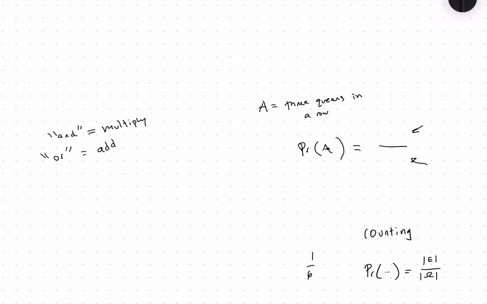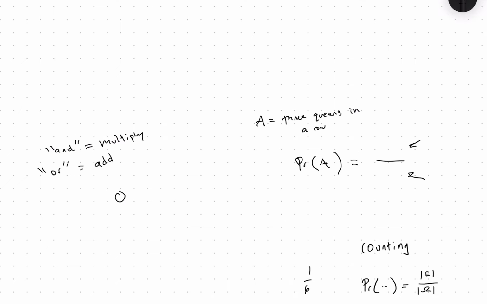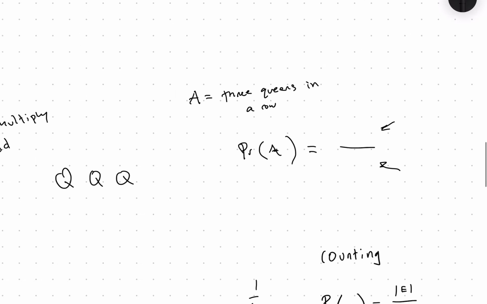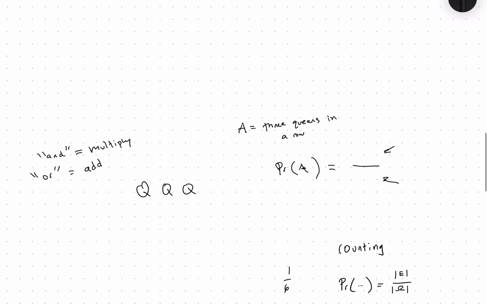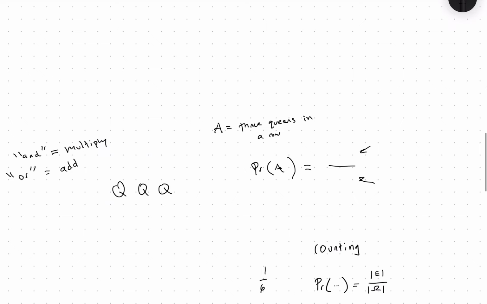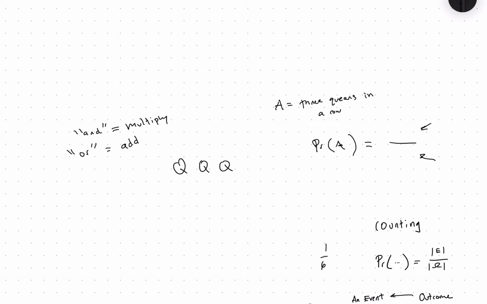With that in mind, we want to end up with 3 queens in a row. So the first queen: there are 4 queens in a deck, so the probability of picking one queen is 4 out of 52.